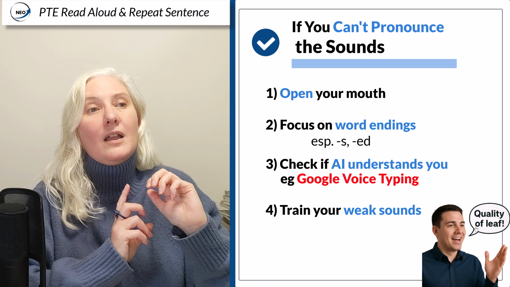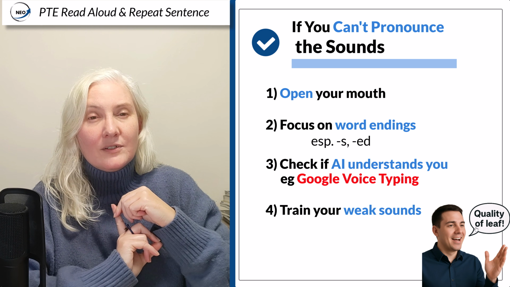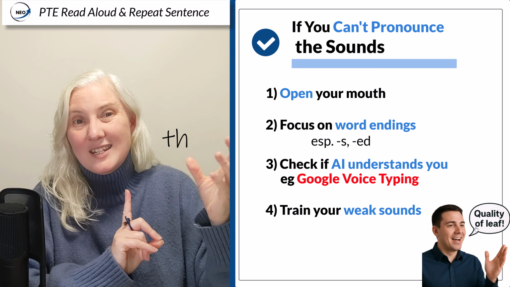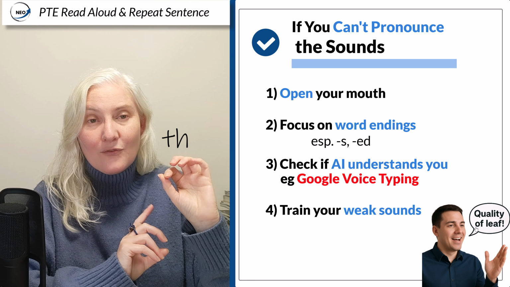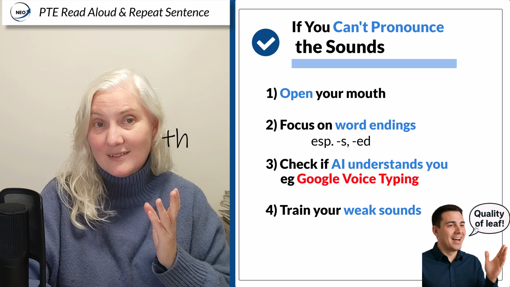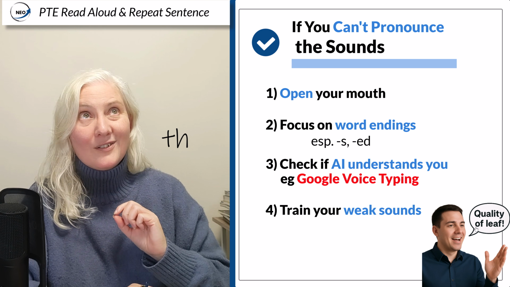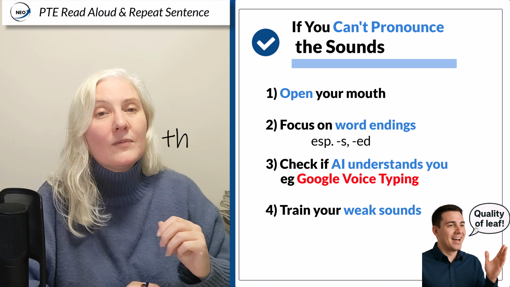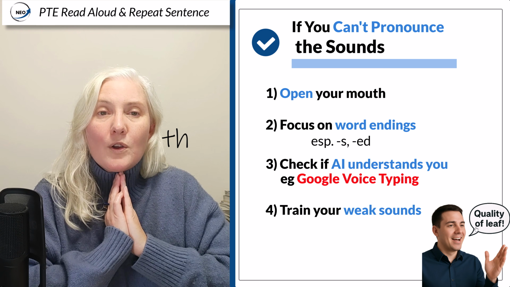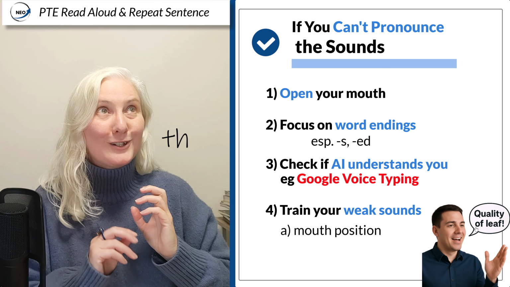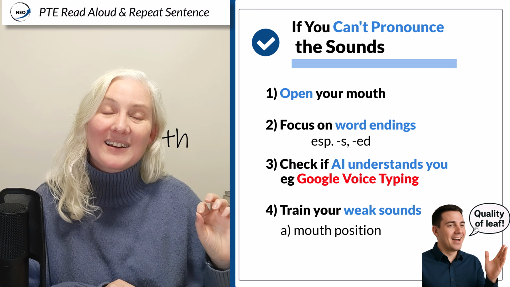But one common sound that a lot of people struggle to make correctly is TH. So for example, instead of saying thanks, they might say tanks. Instead of saying thirty, they might say tirty or firty, right? So what you need to do is recognize the shape of your mouth, what you need to do with your mouth and tongue to make the correct sound.